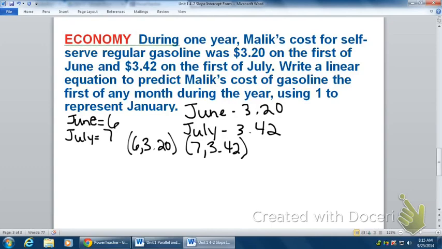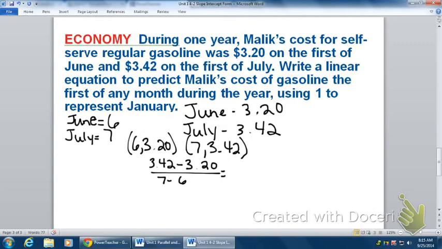need to, first of all, figure out a slope or a rate of change. Okay? So we would do y2 minus y1 over x2 minus x1. So I'm going to do $3.42 minus $3.20, okay, over 7 minus 6. All right?